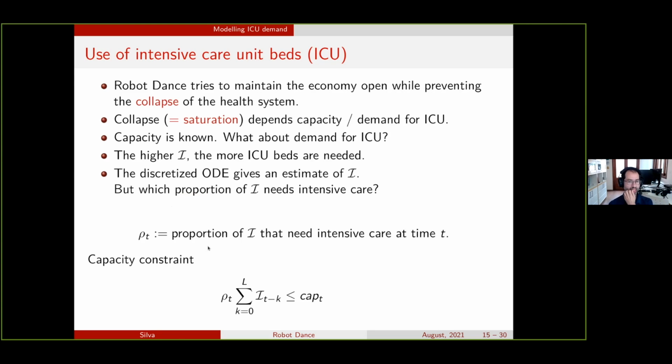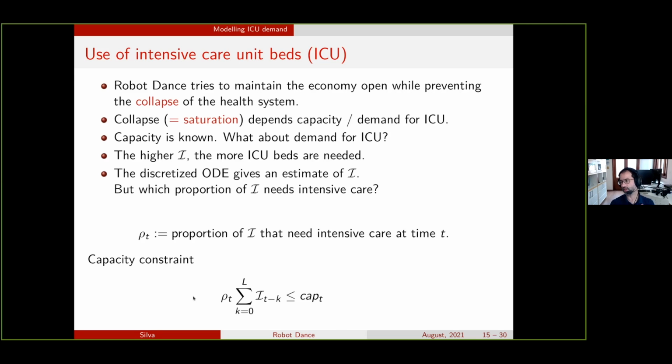If we had that proportion, we call rho of T, the proportion of the infected that need intensive care at time T, then we could write a capacity constraint like this: rho of T times I of T, the number infected, in a certain time window, which is the mean time that people stay in the ICU.